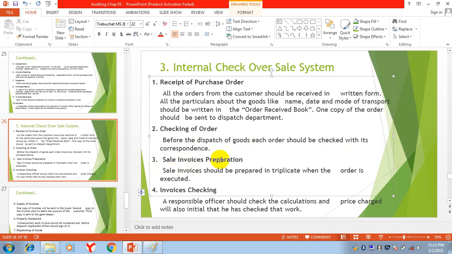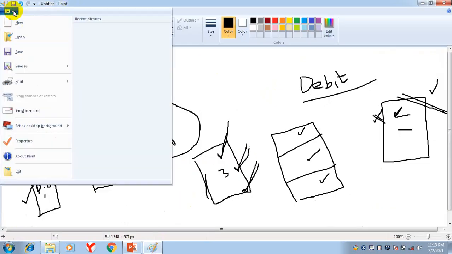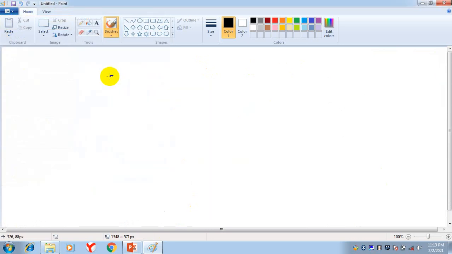Sale invoices preparation. When you send the goods to the purchaser, you will prepare a sale invoice. Keep in mind, one thing is a cash memo.